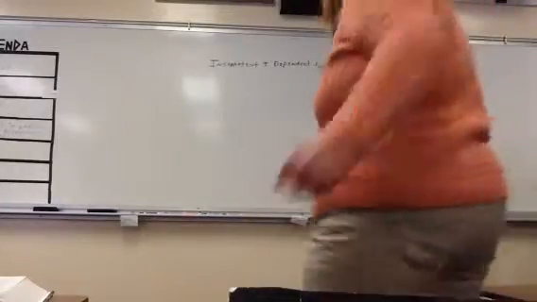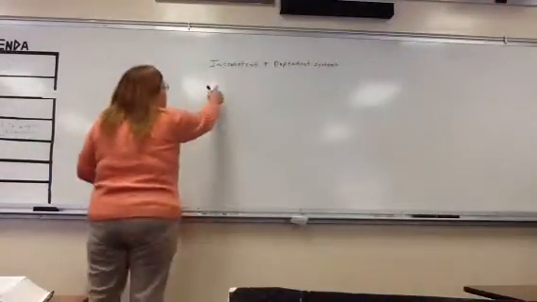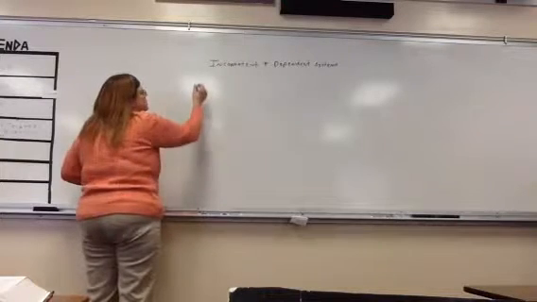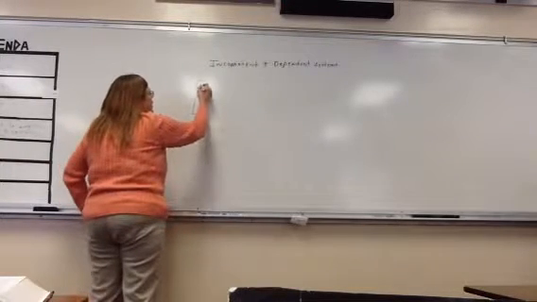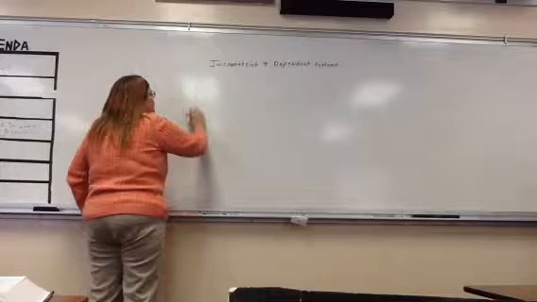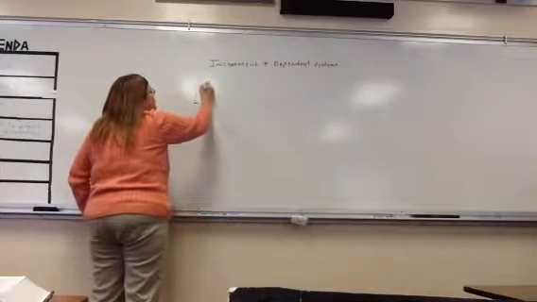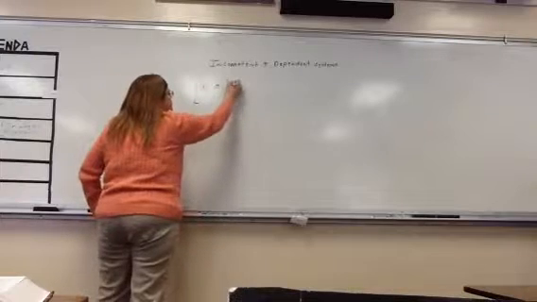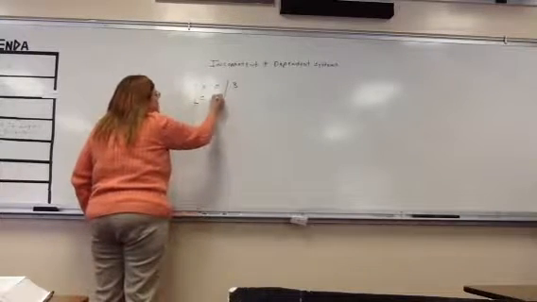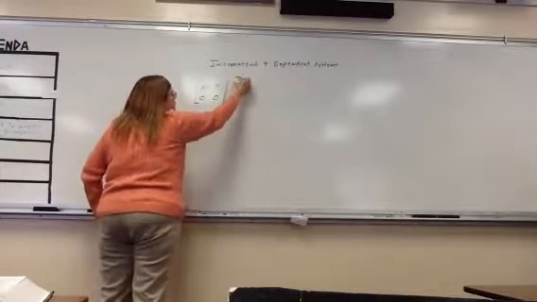Inconsistent and dependent systems. What happens in matrices when you come up with something like 1, 0, 3, but then you have 0, 0, 4?